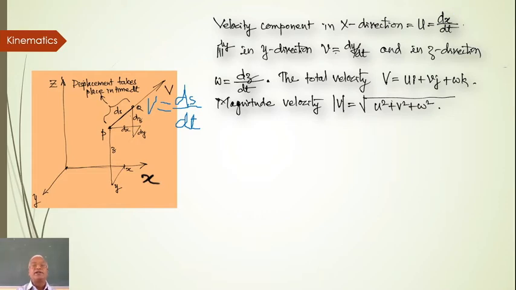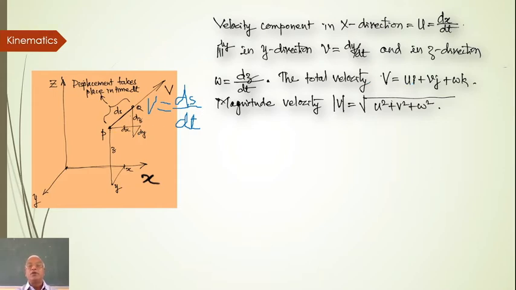Similarly, in the y direction, the velocity is represented by v. The amount of motion is dy in a time duration of dt, that's why dy by dt. And in the z direction, w, dz by dt. The total velocity will be the sum of all three.